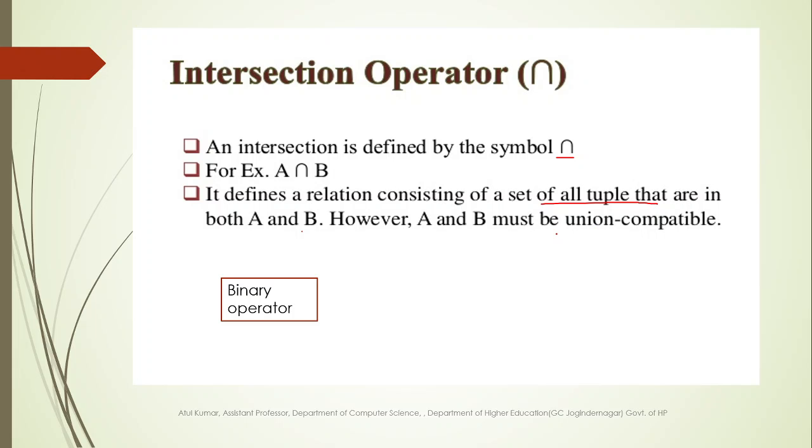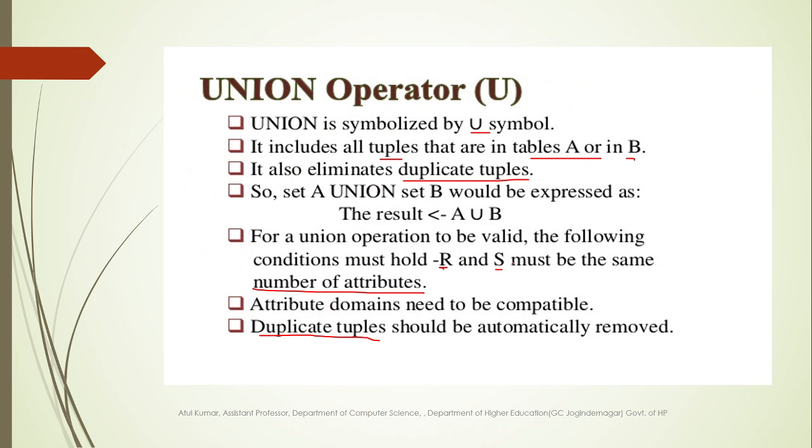This means the properties that I described for the union operation apply: R and S must have the same number of attributes, they must be compatible, and duplicate rows should be removed.